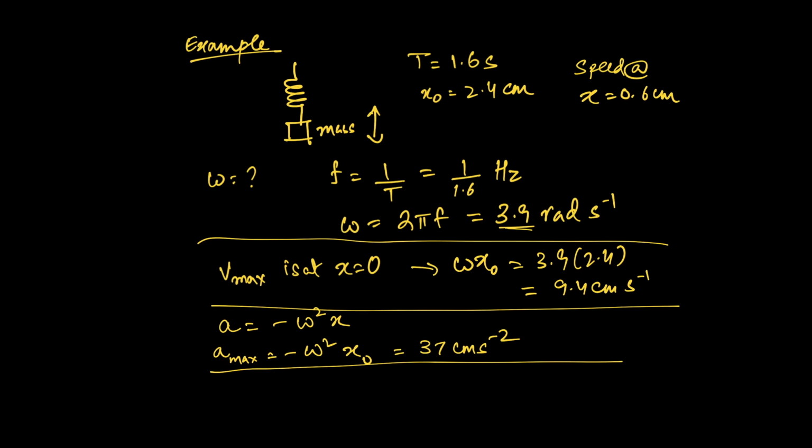The way you would follow through on that is omega times the square root of x naught squared minus x squared, and omega is 3.9 times the square root of 2.4 squared minus 0.6 squared, and that works out to be 9.1 centimeters per second.